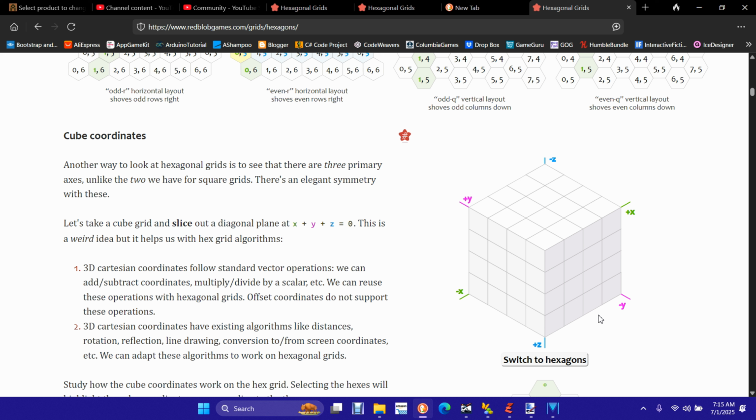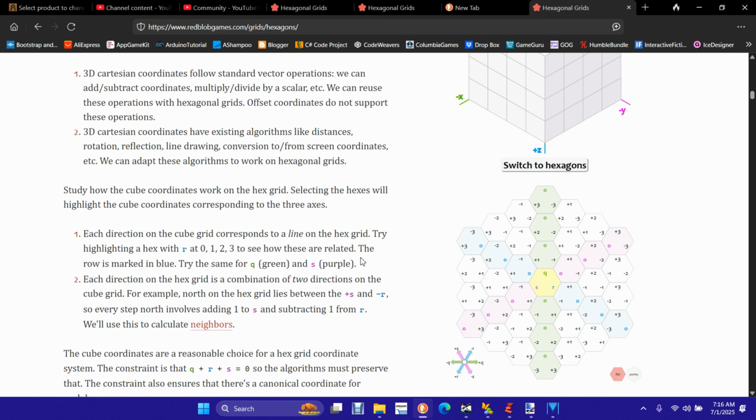So a hexagon is a cube as far as he's concerned. So where you are in the cube relates to what hex you're in. So you have three sets of coordinates, and the sum of the three coordinates is always zero.